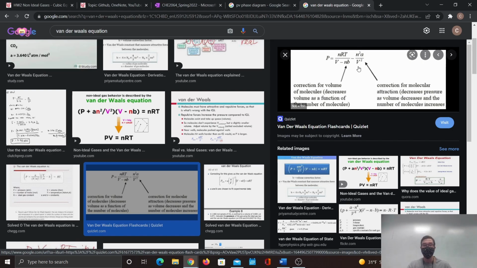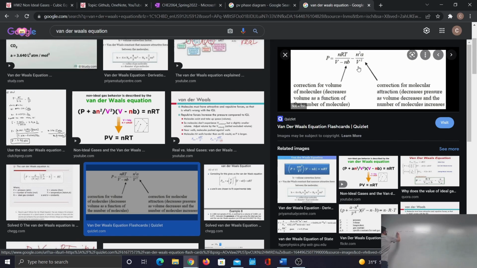If we had the ideal gas law, pressure times volume equals moles times R times T. If small v, specific volume, equals V over N, and N equals 1, then N cancels out.